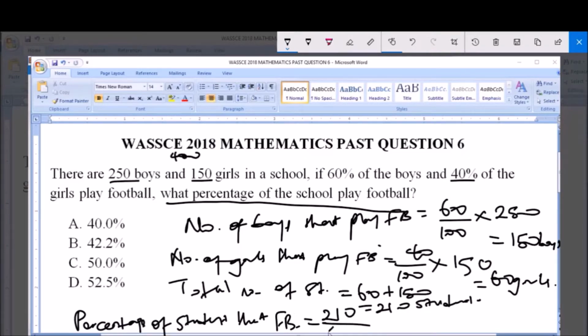So 210 over 400 multiplied by 100%. Now this 0 will cancel this 0, and this 0 will cancel this 0, so we have 210 divided by 4, and that is equal to 52.5 percent. So the percentage of the school that plays football is 52.5%, and that is option D.